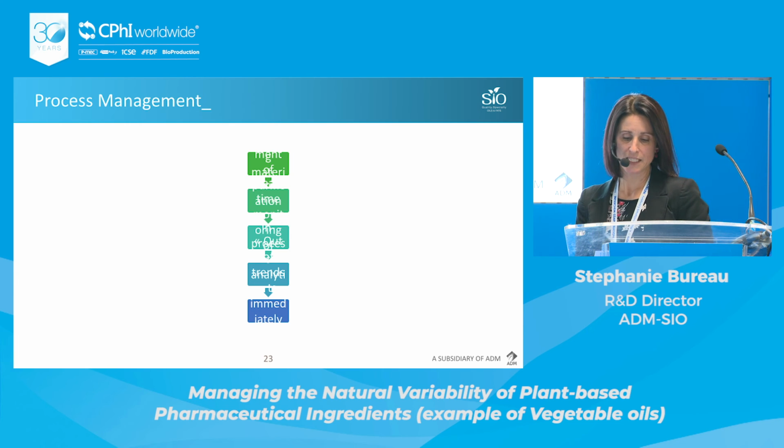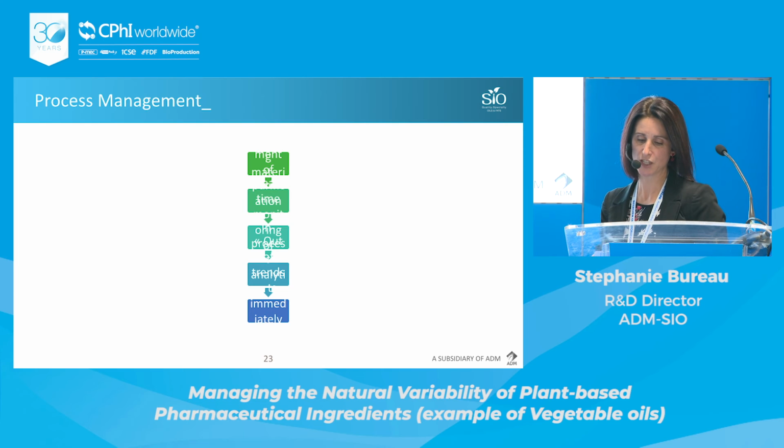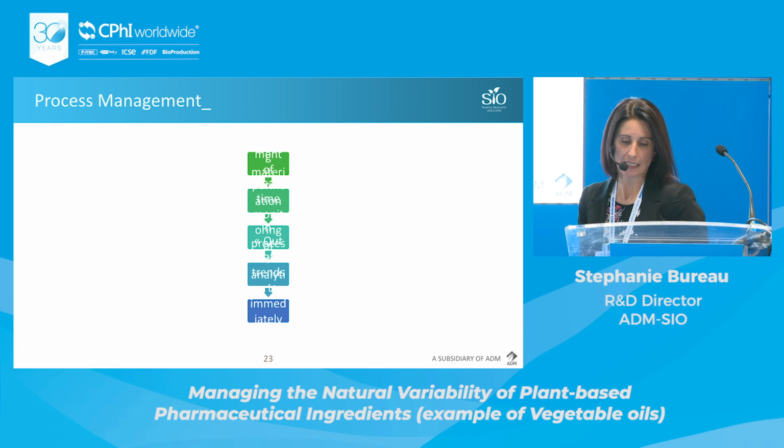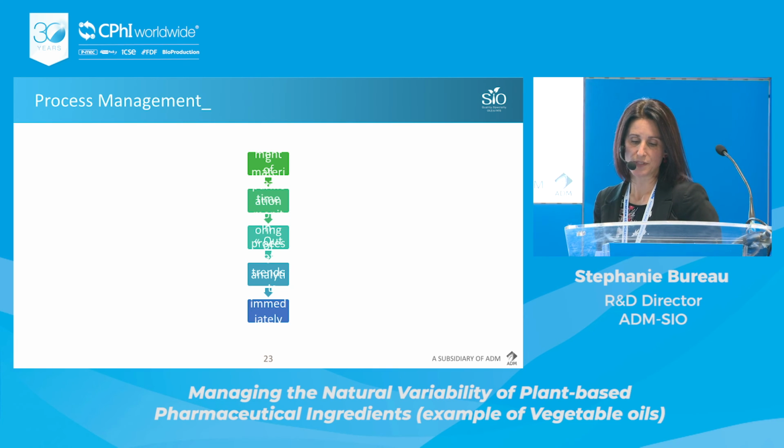In addition to the sourcing of the starting material, the process management is a key point to manage the variability of plant-based pharmaceutical ingredients. Analysis of the starting material composition, adjustment of the purification process parameters, and real-time process monitoring allow us to fine-tune our process conditions to guarantee the best batch-to-batch consistency.